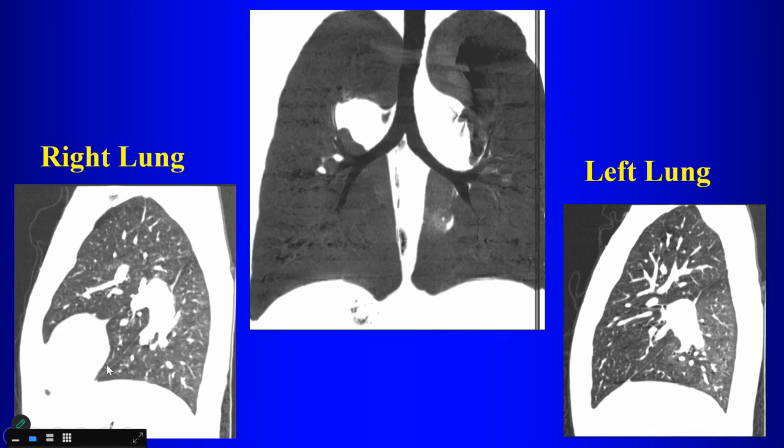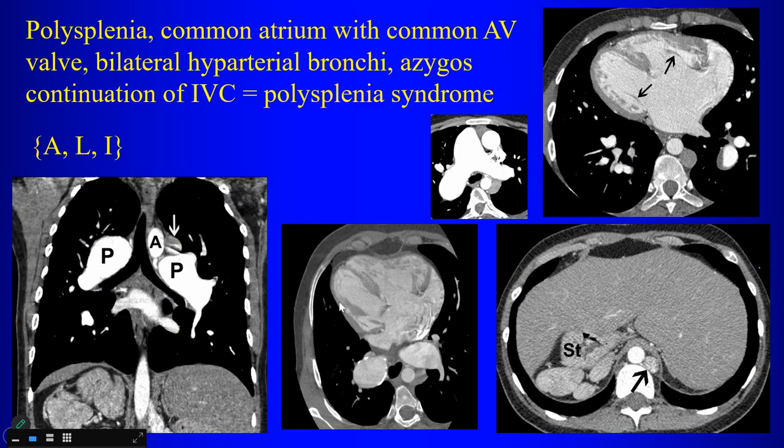What is this? Major fissure, right? Both of these lungs are missing a minor fissure, so both are bilobed lungs. So even the lung morphology here resembles bilateral left-sidedness, okay?